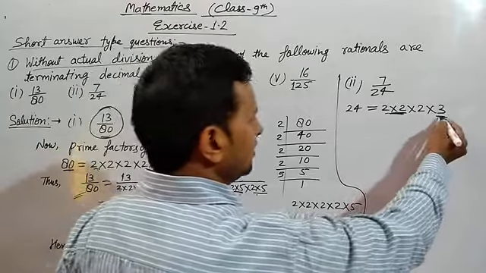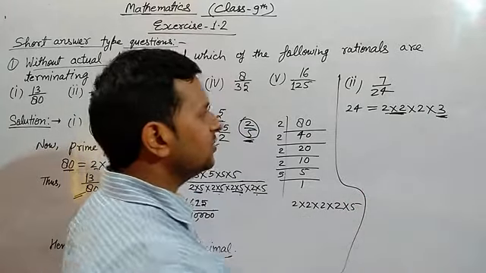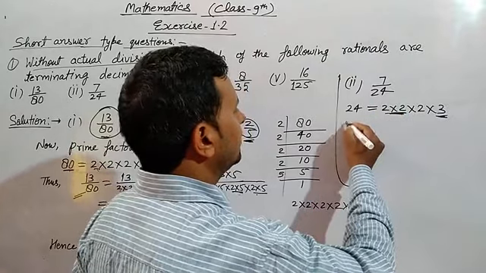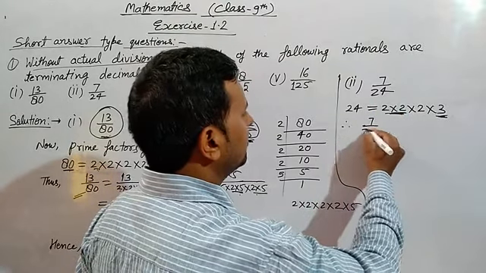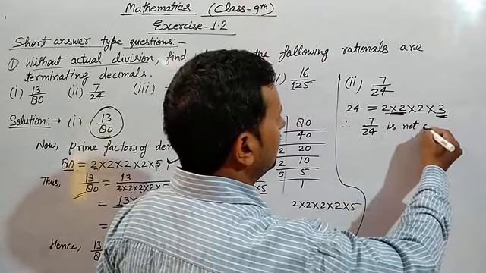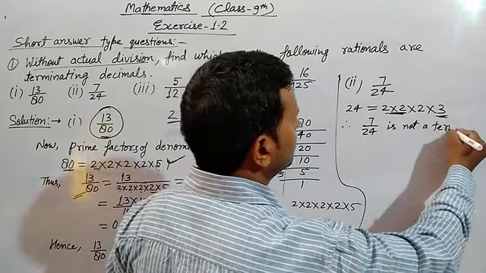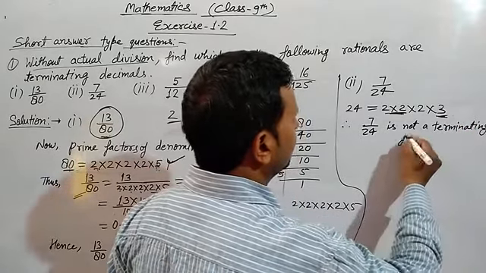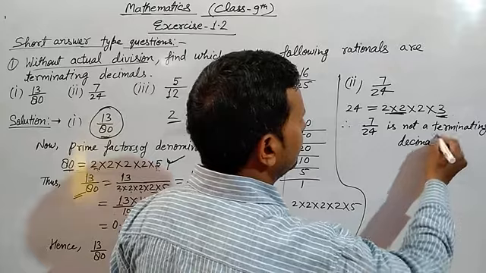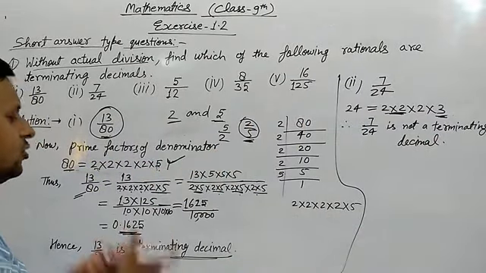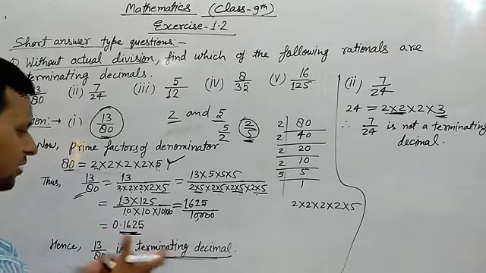It means this is not a terminating decimal. So we can say that 7 upon 24 is not a terminating decimal. There is no need to solve in this way.